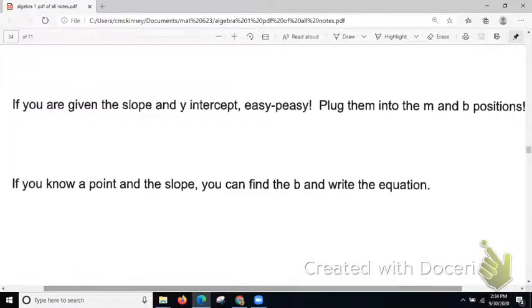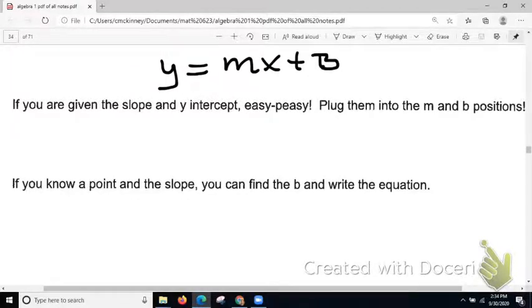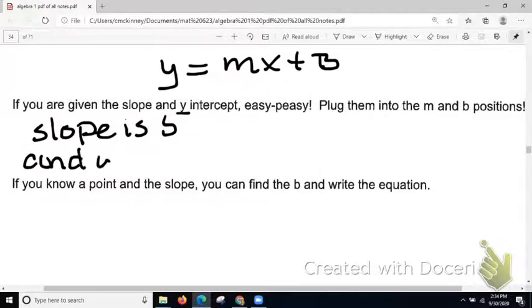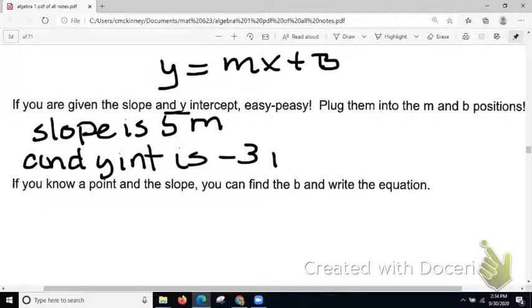So remembering that y is equal to mx plus b. So if they tell me the slope is 5 and the y-intercept is -3, well, I know slope, that's m, and y-intercept is the b.